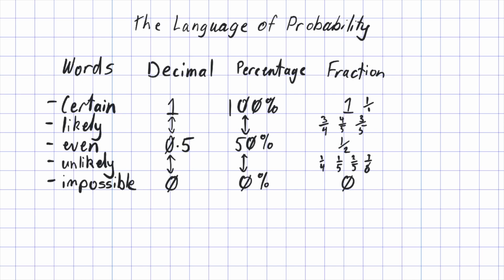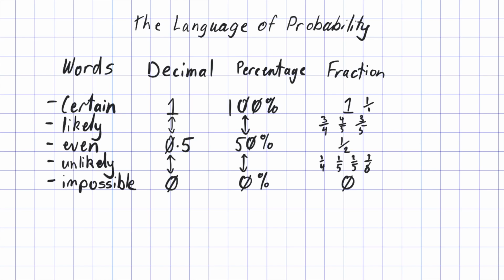I want to draw your attention, though, to the likely and unlikely fractions that I've got there. Now, for likely, what you'll notice is that our numerators at the top are actually more than half of our denominators. And that's really important because half is an even chance, but likely means that it's more than even.